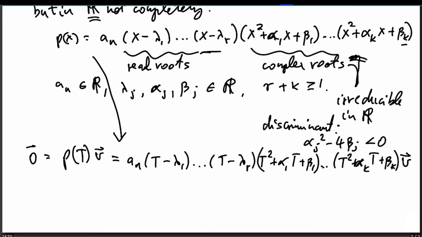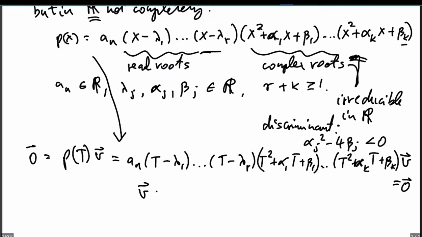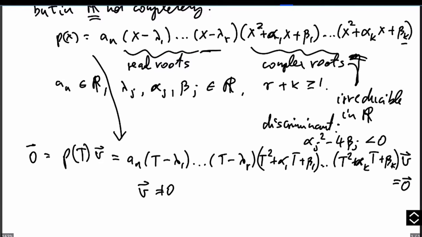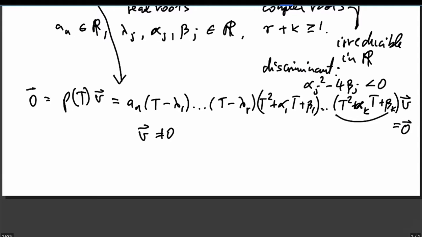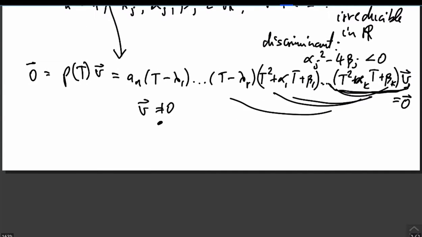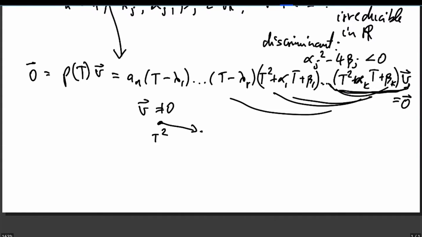So what we have here is that this equals the 0 vector, and since v was not 0, we apply these mappings one after the other. This is actually a composite map. We start usually from the right, so we apply to v this operator, T squared plus alpha k T plus beta k.